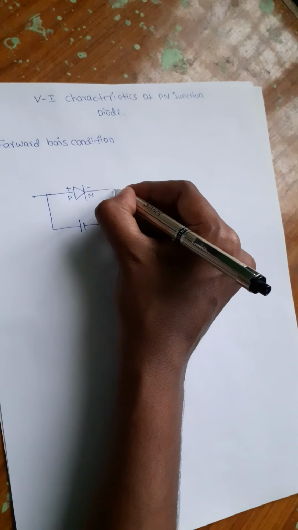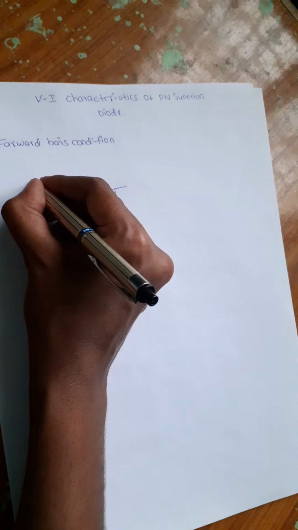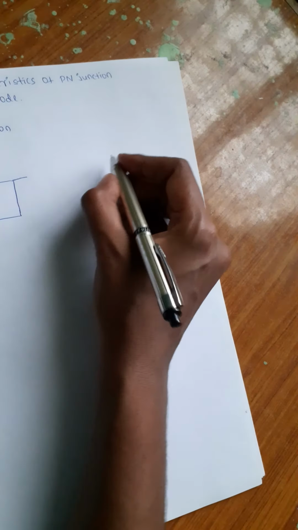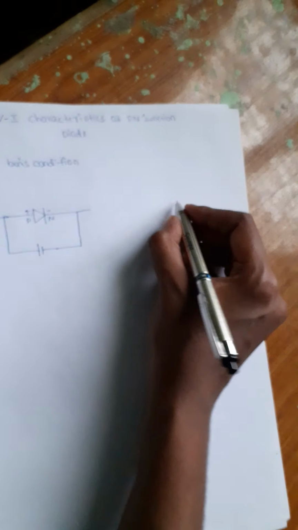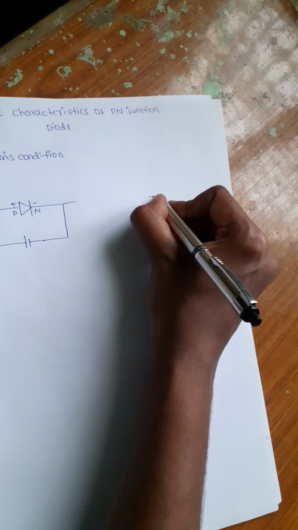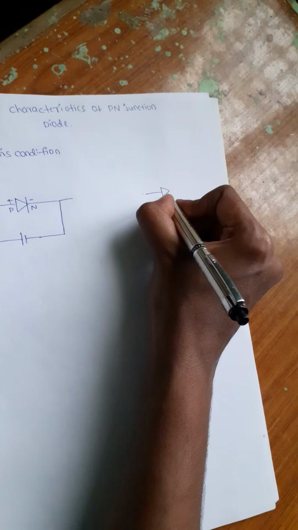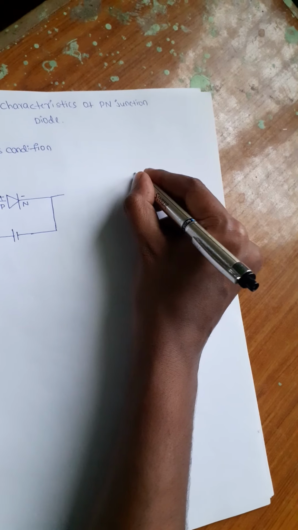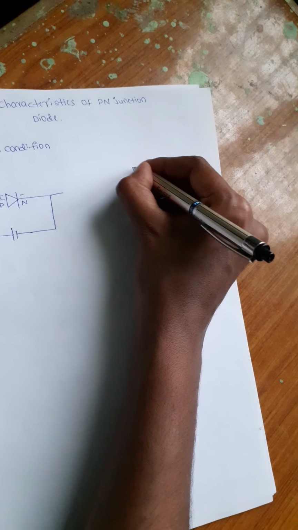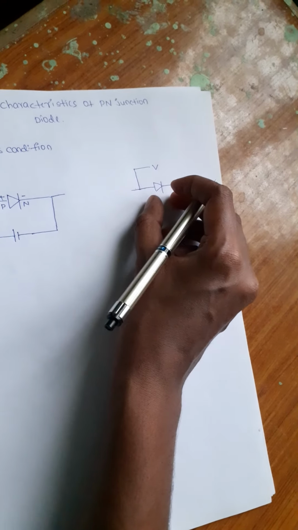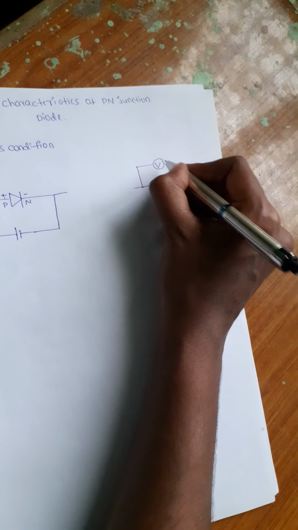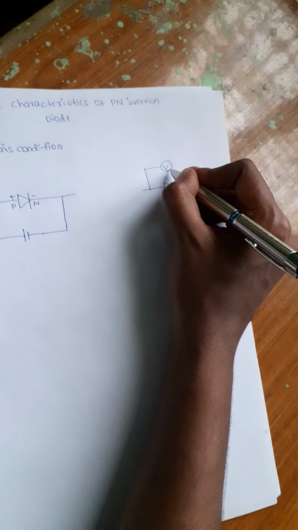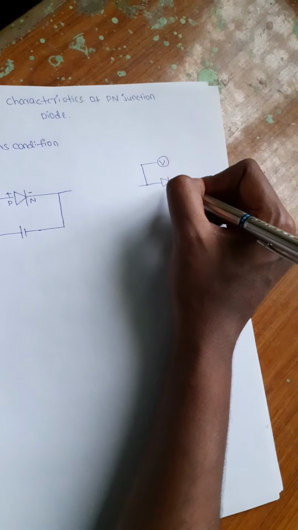For some simplification, we go for another circuit so you can easily understand. We need to find out the voltage across this diode by using a voltmeter, and this is connected in parallel to the diode because the voltage is the same in a parallel connection.